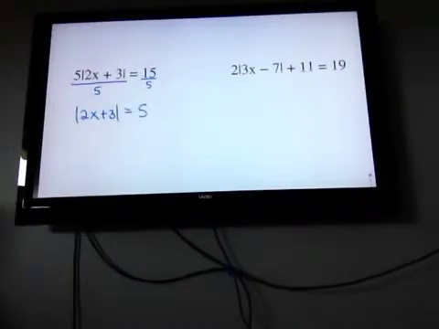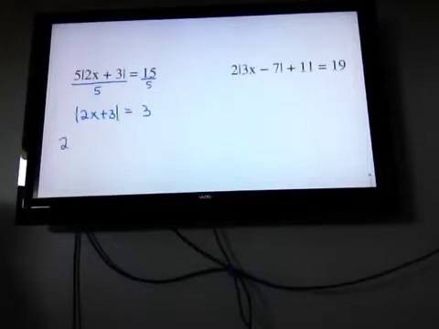So I have the absolute value of 2x plus 3 equals, not 5, it equals 3. 15 divided by 5 is not 5. Isolate the absolute value. Now set up your two cases.